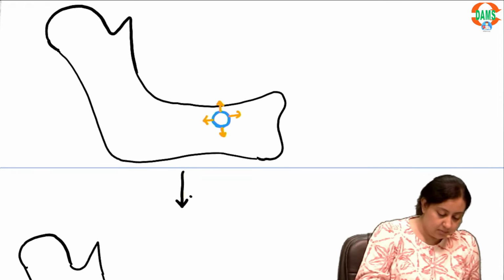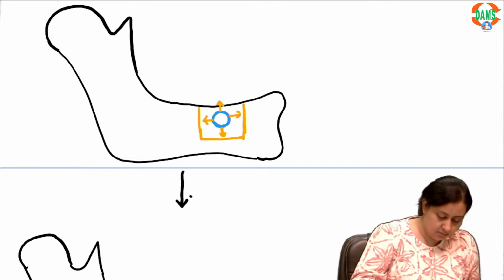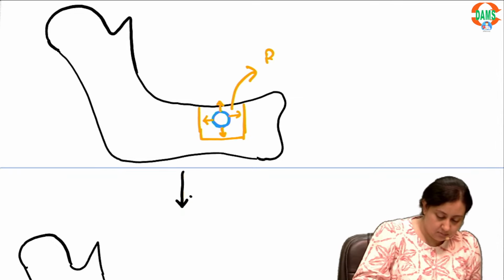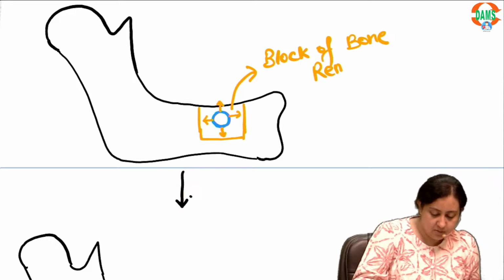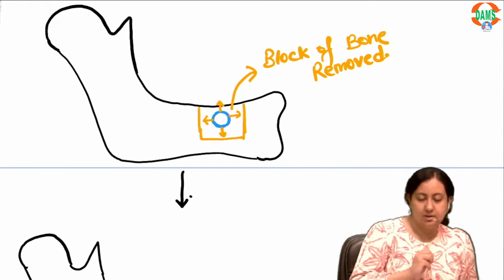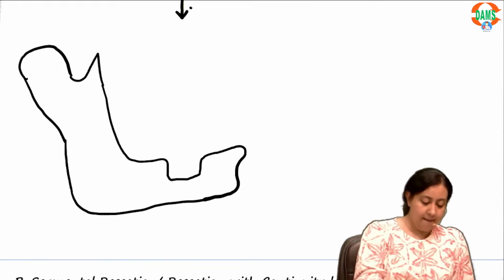So this is a block of bone removed after taking your margins. Now you are left with a picture like this.